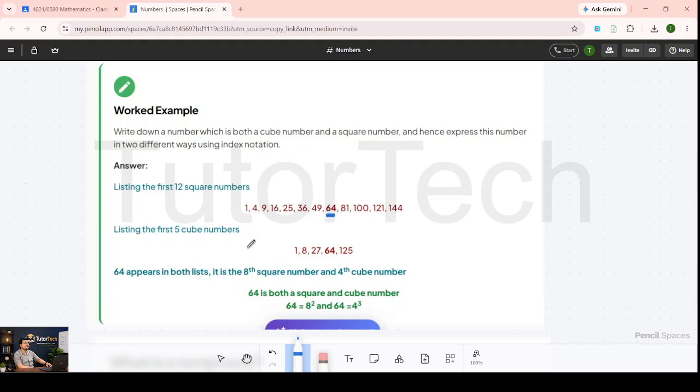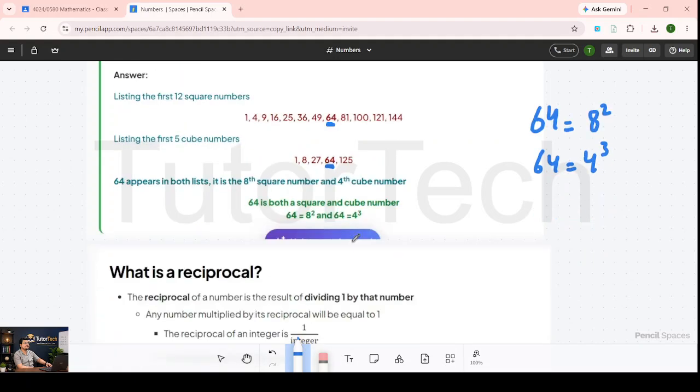Now list down the first 5 cube numbers: 1, 8, 27, then 64, then 125. We can see 64 appears in both lists. It is the 8th square number and the 4th cube number. So 64 is both a square and a cube number, because 64 can be written as 8 squared, and 64 can be written as 4 to the power 3, 4 cubed.